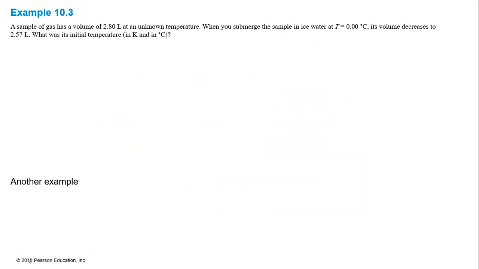It's example 10.3. I'll give you a second to read it. All right, it says a sample of gas has a volume of 2.8 liters at an unknown temperature. So V1 is 2.8 liters.